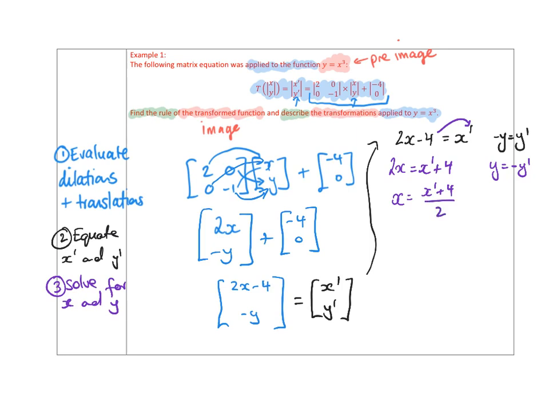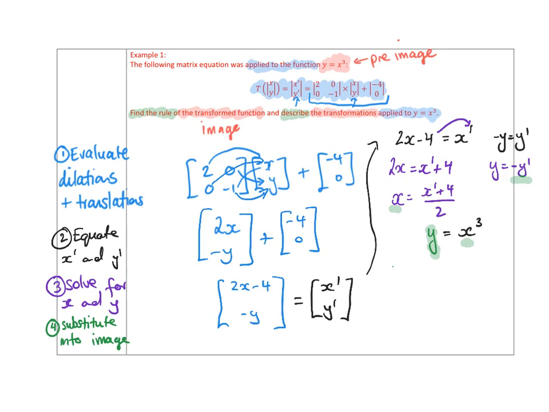The reason why we're solving for x and y is that we now have something to substitute into our pre-image. Our pre-image was y equals x cubed. And so our image would be just a case of subbing in this here and that there.